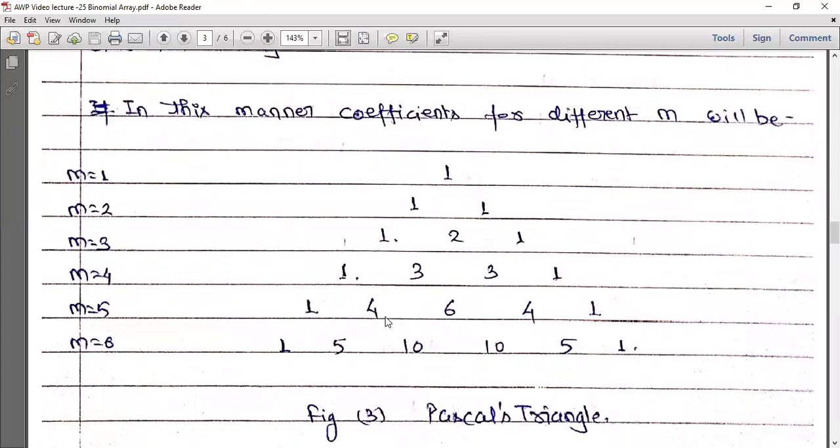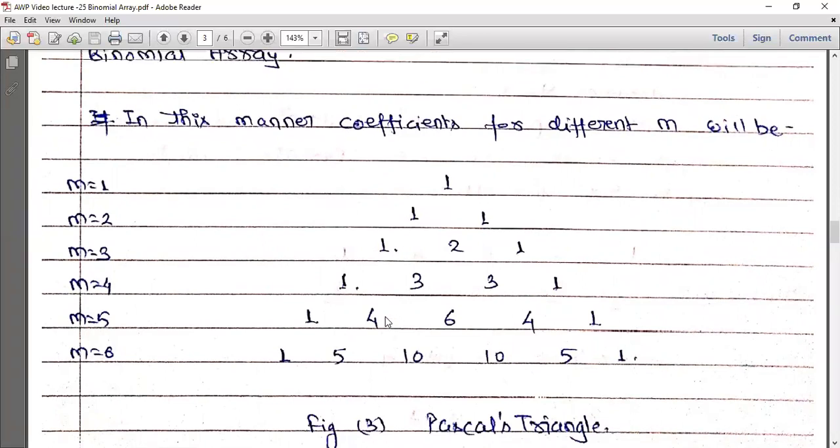As you can see here, this Pascal triangle provides you the coefficients of all the terms in the expansion of 1 plus x to the power m minus 1 for a given m. Keep this in mind. What the Pascal's triangle gives you is the coefficients of 1 plus x to the power m minus 1 for a given m.